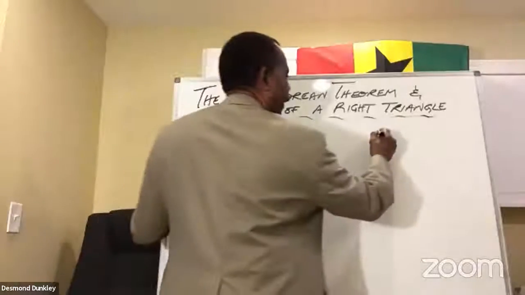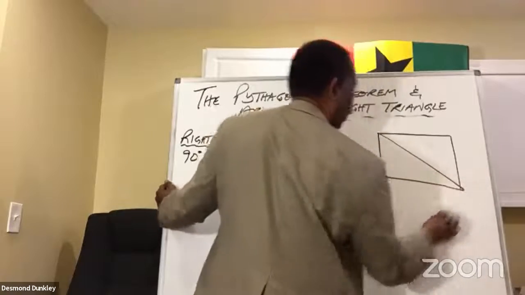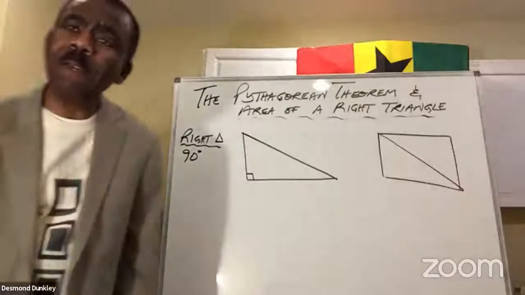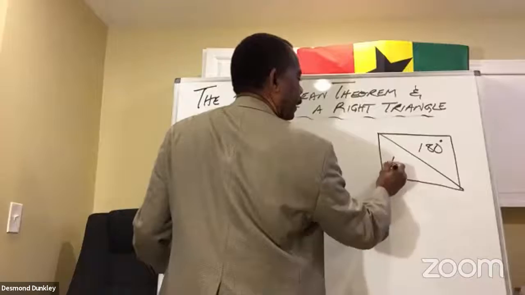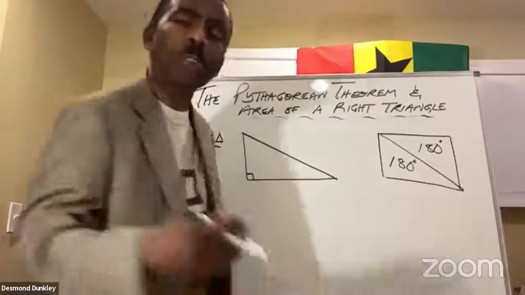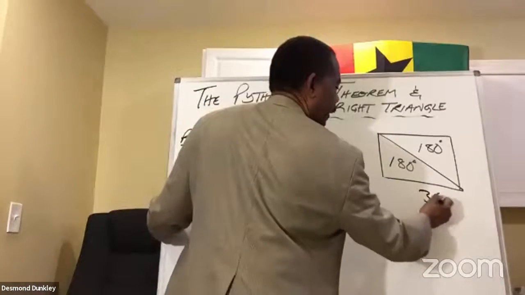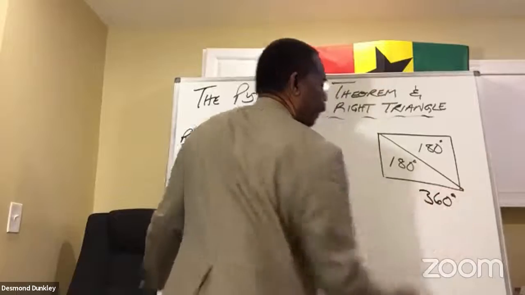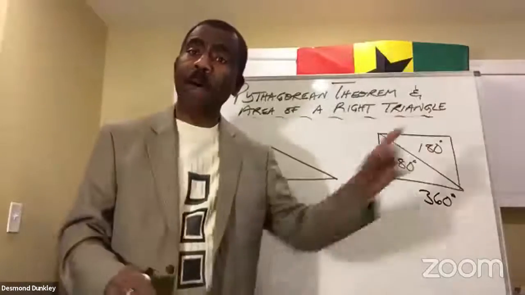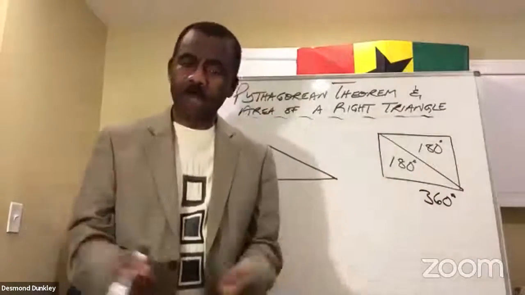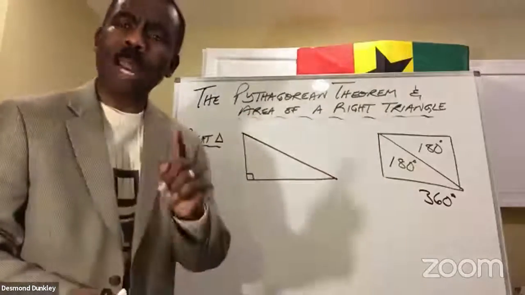Interestingly enough, if I gave you a four-sided figure, a quadrilateral, if this is 180, and this is 180, then the four-sided figure will have a total of 360 degrees. At a later date, I'm going to show you a relationship between the number of sides of the polygon and the sum of all the interior angles. We're going to get there eventually. But for now, we're going to be staying with right triangles.